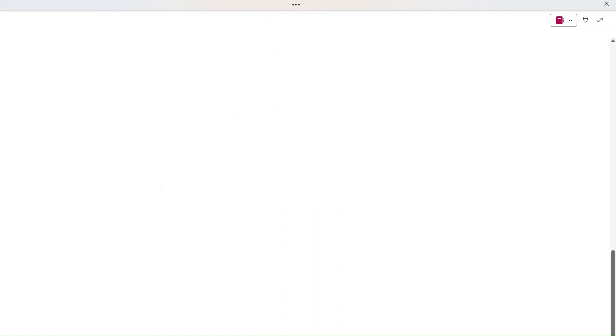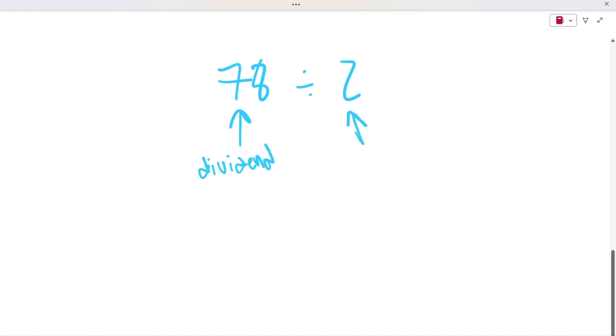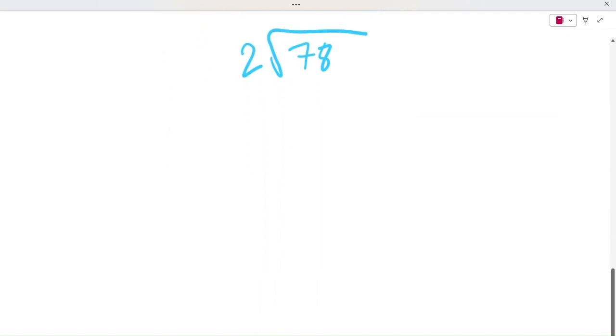So say we have 78 divided by 2. The number on the left is the dividend, and the number on the right is the divisor. So we'll put the divisor outside, and we'll put the dividend inside the division bracket.